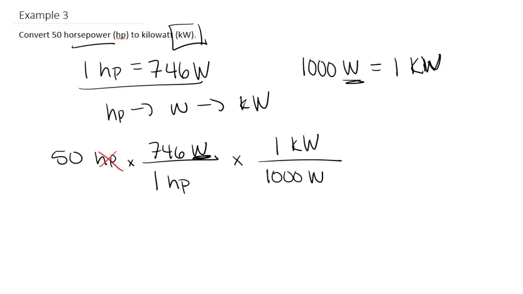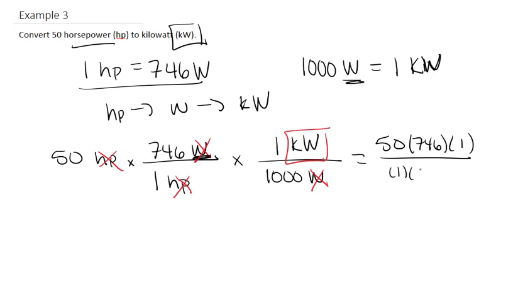So we cancel out our units, and then we're left with just kilowatts. So now we can go ahead and set this up. So it's 50 times 746 times 1 over 1 times 1,000. And this is in kilowatts.